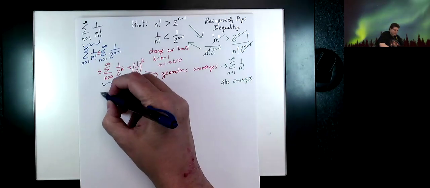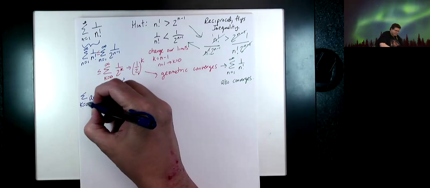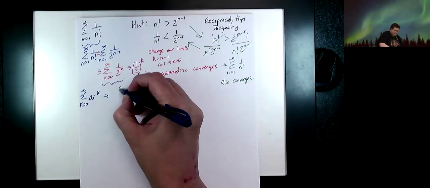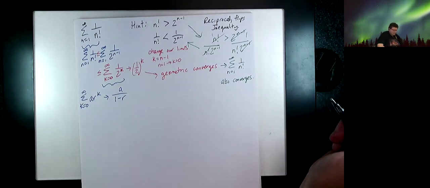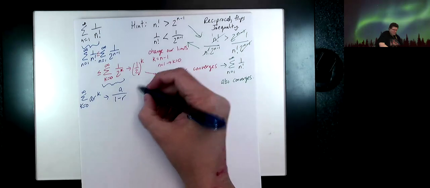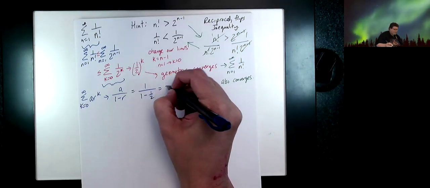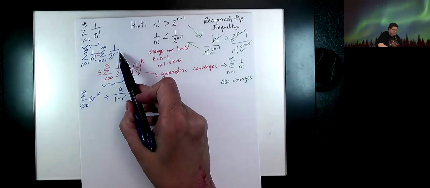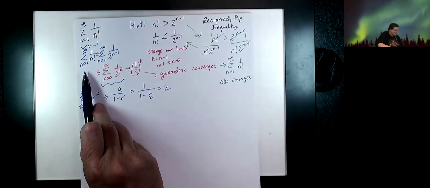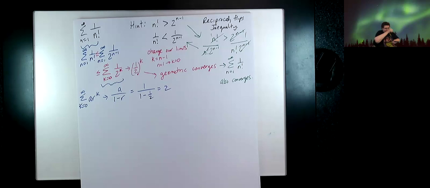Geometric series is in the form of a r to the k, k equals 0 to infinity. We get a over 1 minus r. Well, a here looks like a 1. 1 over 1 minus 1/2 is 2. So this one converges to 2. That doesn't tell me this one converges to 2. We just know it converges. It's less than 2.